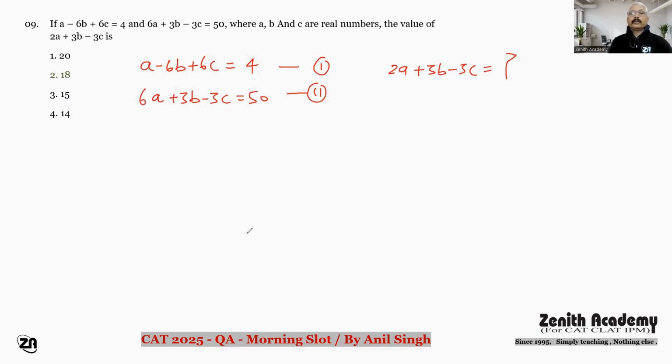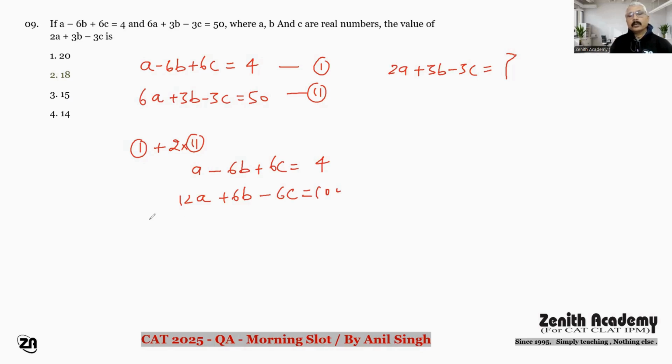So here, do one thing. Equation number 1 plus 2 into equation number 2. ऐसा करने से क्या हो जाएगा? ये 3 6 भी हो जाएगा और ऐड करेंगे तो माइनस 6 भी कैंसिल हो जाएगा. मीन्स ए लिख देते हैं, a minus 6b plus 6c is 4, and below it is 12a plus 6b minus 6c is equal to 100.